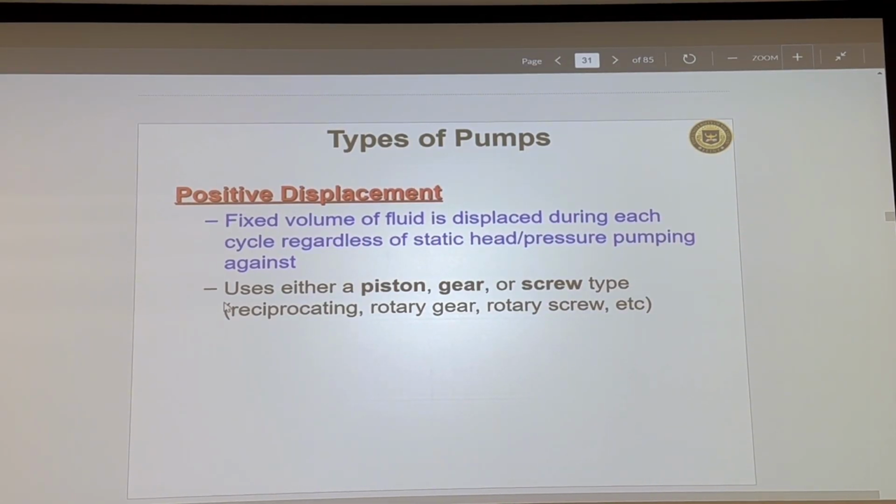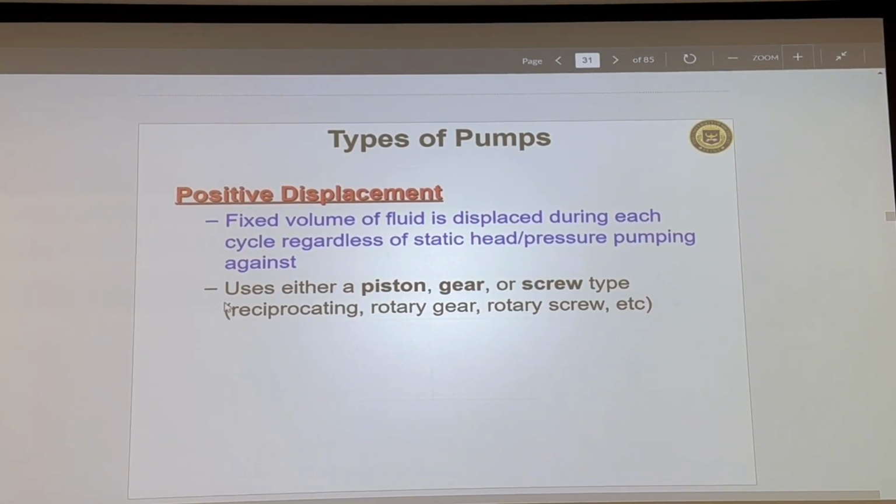But it is irrespective of downstream pressure, because remember, you're pushing the fluid against some head, some resistance. Also, positive displacement pumps are known to build very high pressures. I'll explain the mechanism, how they are different from centrifugal pumps, and why they develop high pressures.